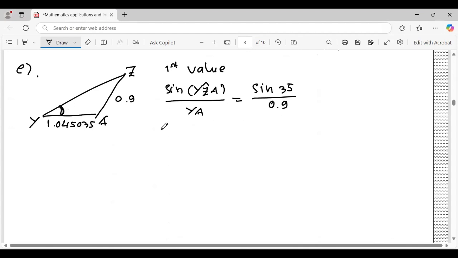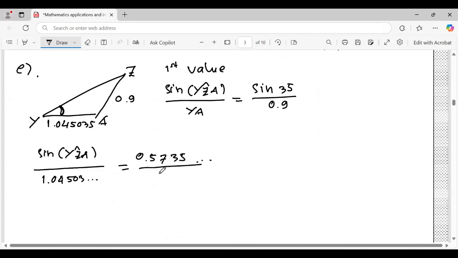Okay, so it's going to be here sine YZA over 1.04503 equals sine 35, which is 0.5735, so on, over 0.9.